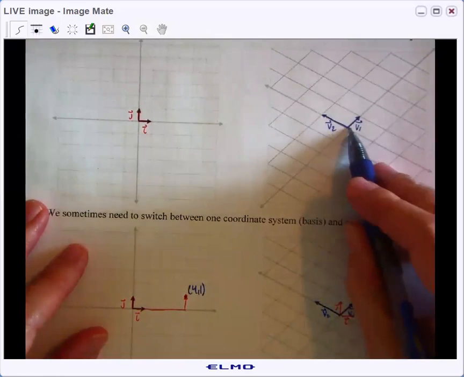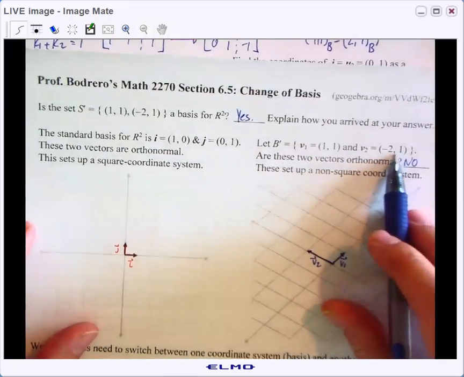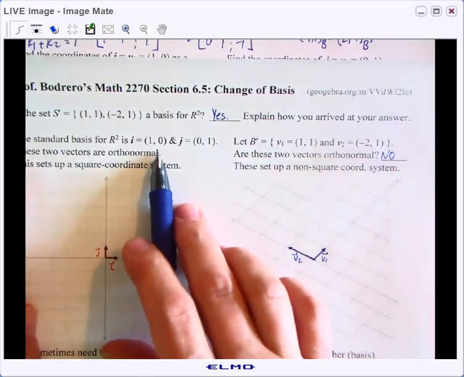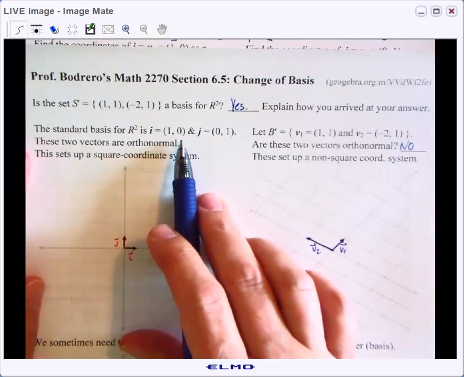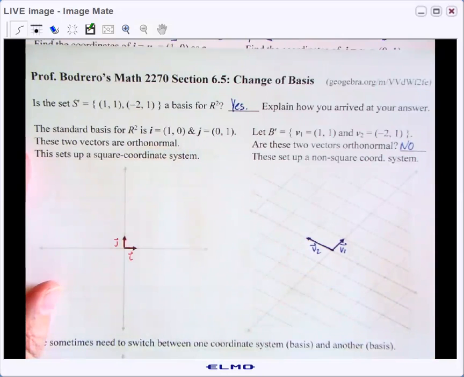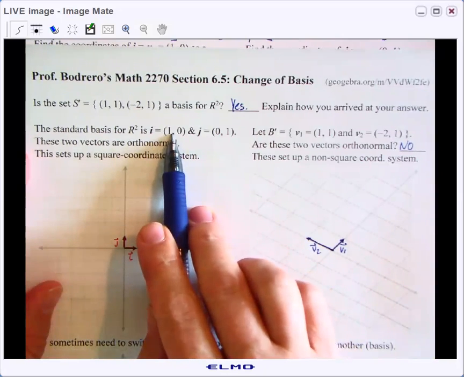So literally, when I told you V1 and V2, I told you 1, 1 and -2, 1. So to communicate, I have to use some kind of language. And we've set this up as a default using our standard basis, kind of like, for me, since English is my first language, using i and j.